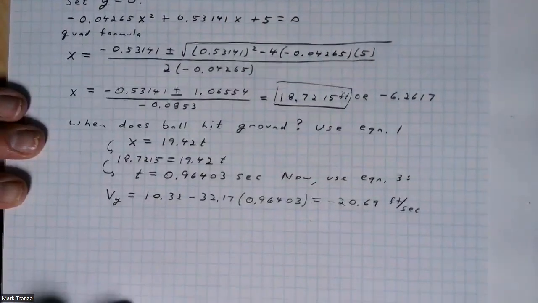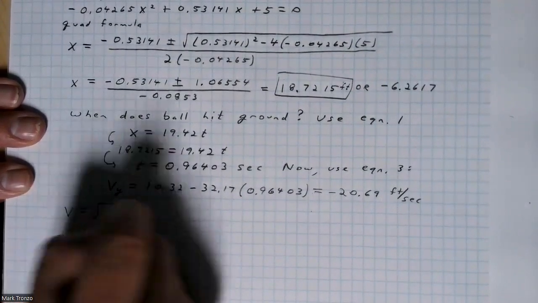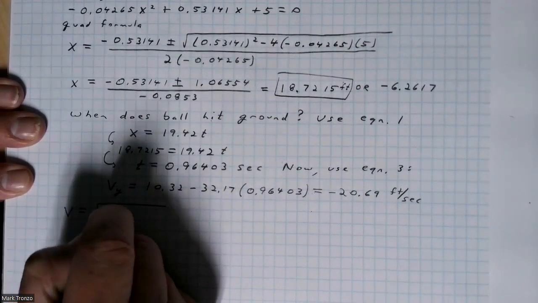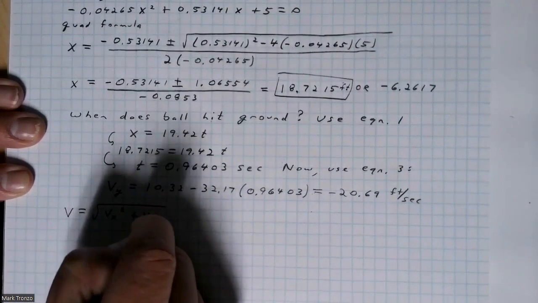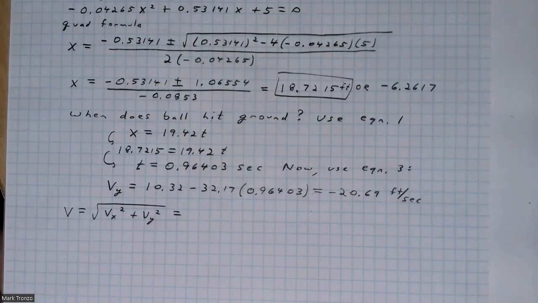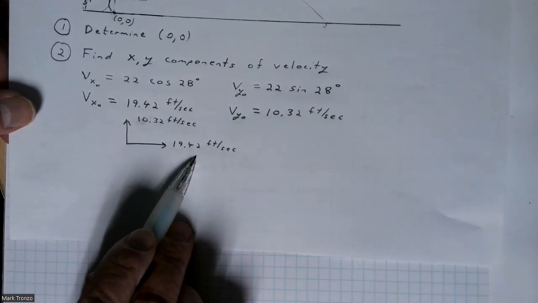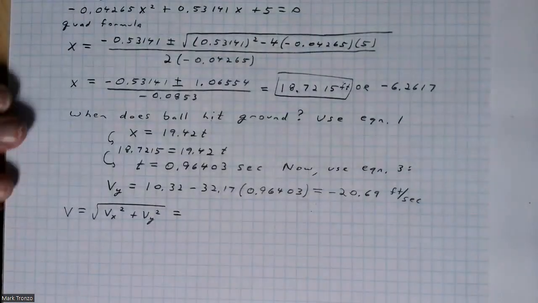feet per second. So now the magnitude of the velocity is going to be the x component squared plus the y component squared. Now remember there was no acceleration or deceleration in the x direction, so that velocity was a constant 19.42.